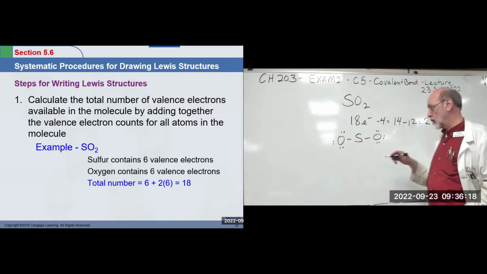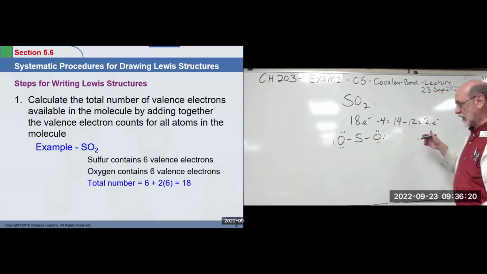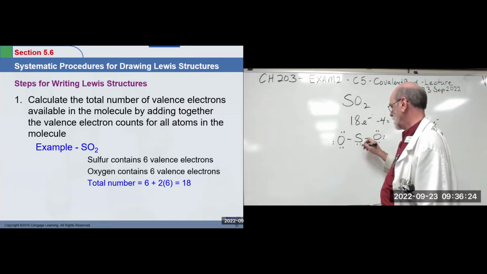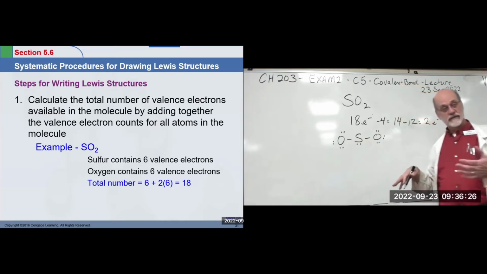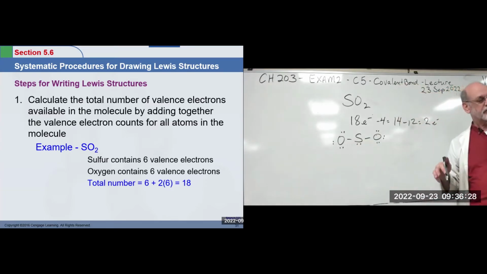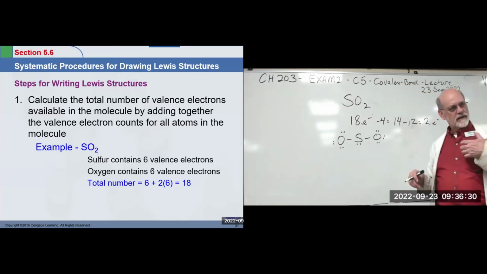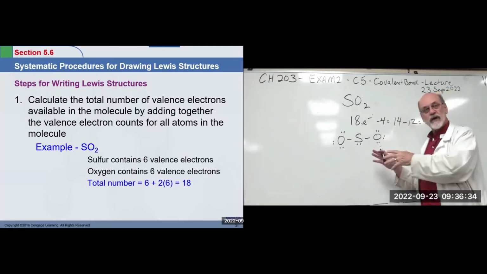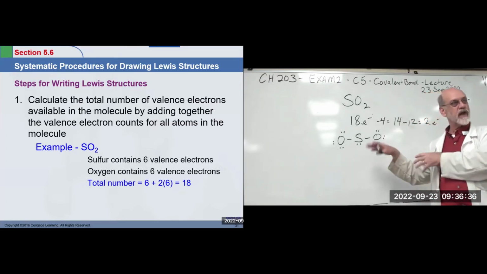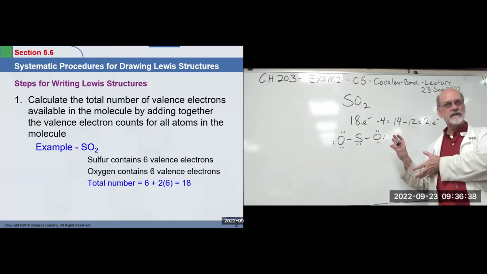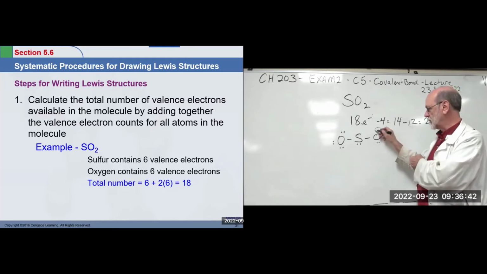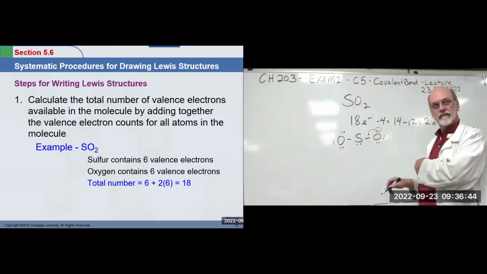Okay. So if we put these 2 electrons, now we work our way in, put these 2 electrons on that sulfur. Now sulfur has 6. So how do we make an octet for sulfur without destroying the octet for the other oxygens? We take 2 of these and form a bond right there.